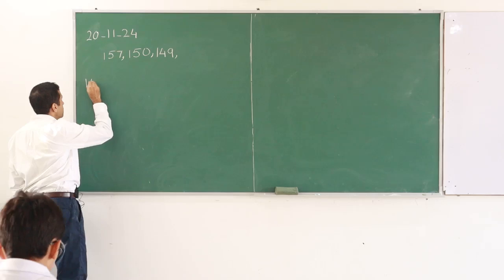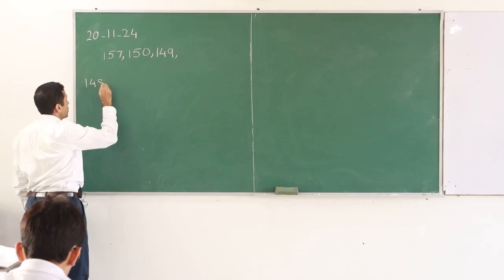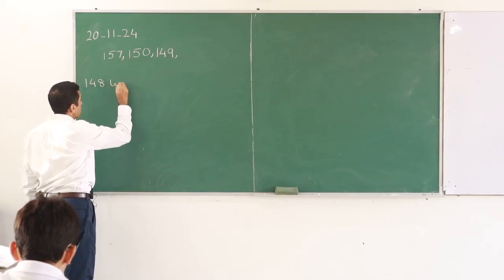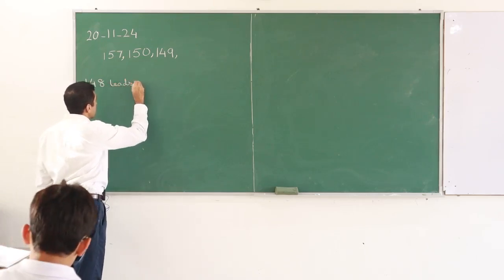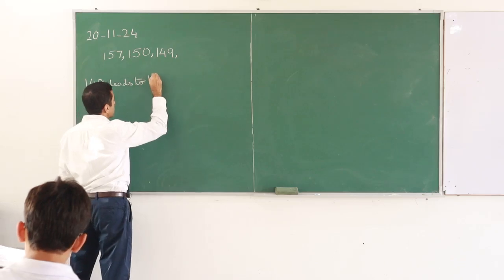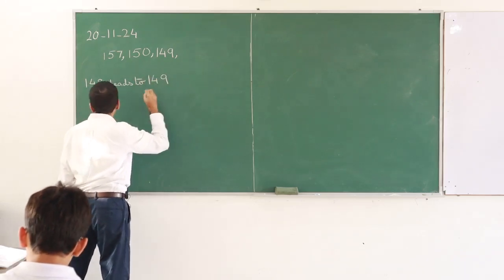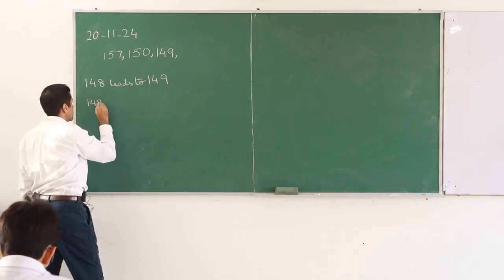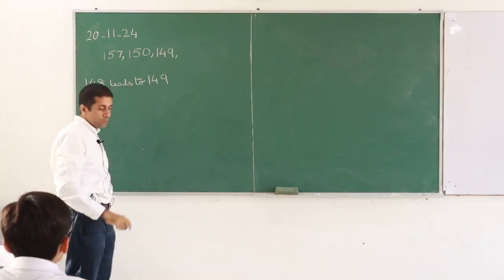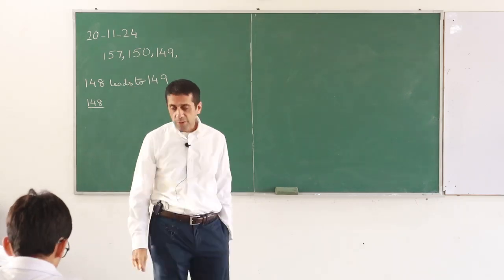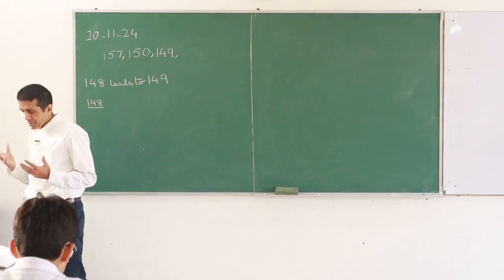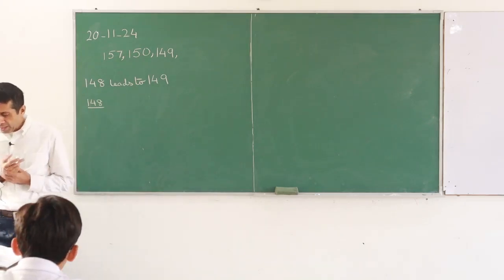Can somebody help me understand what problem 148 is? 148 leads to 149. So let's understand 148 first. Before 149, let's look at 148. What's the reason for doing 148?